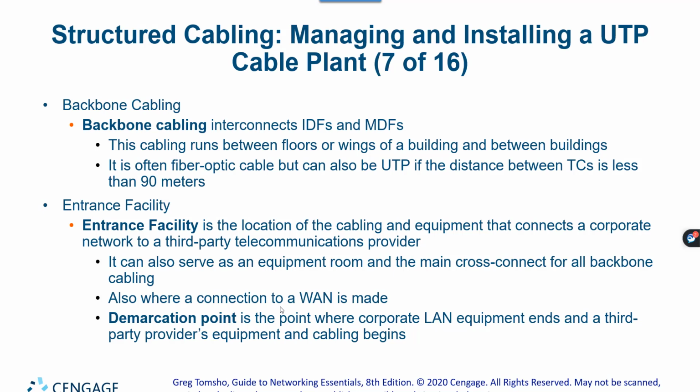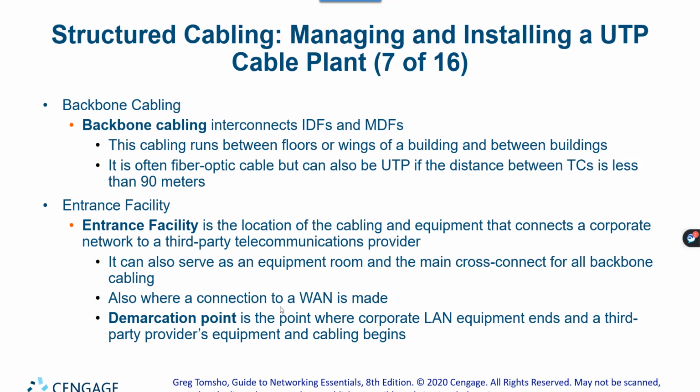Backbone cabling interconnects intermediate distribution frames and main distribution frames. Cabling runs between floors or wings of a building or between buildings. We typically use something that can travel long distances. So this backbone cabling is typically fiber optic because of the distance, and also because we need a bigger pipe to connect those smaller pipes.